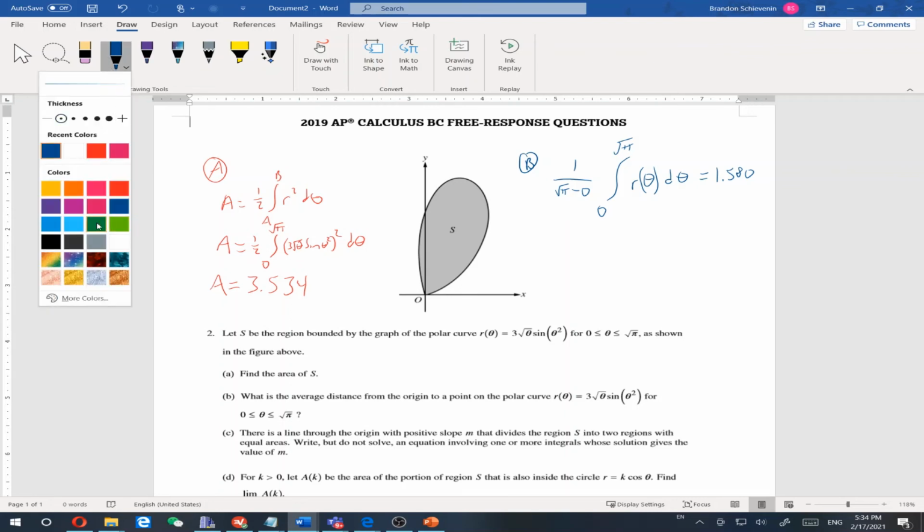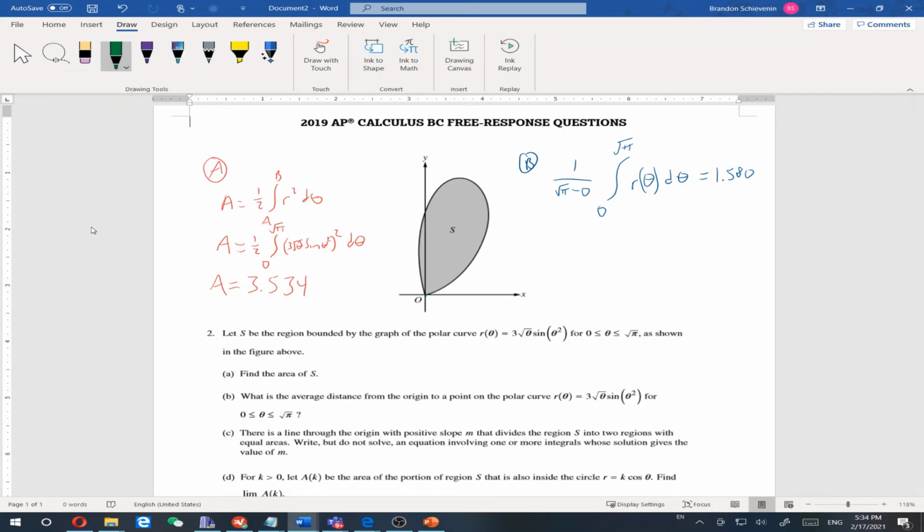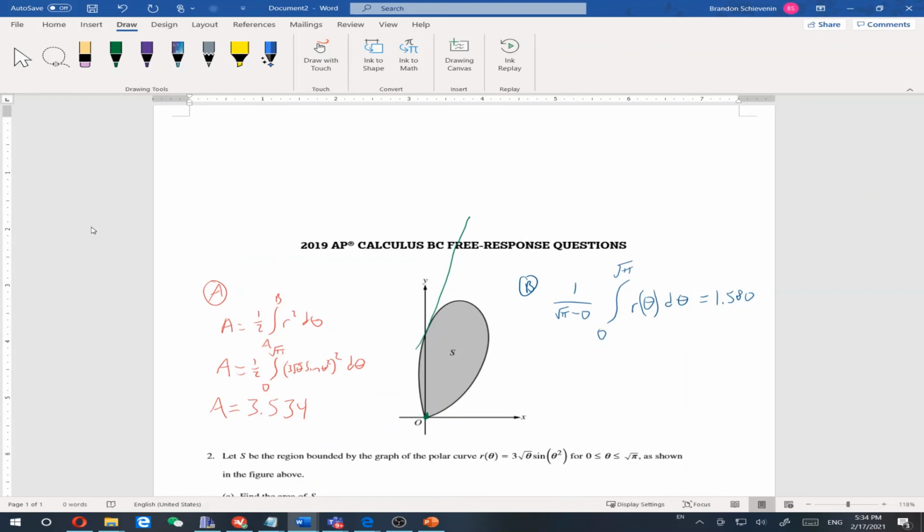there is some line through the origin with a positive slope m, dividing the region S into 2 regions with equal areas. So it's going to look like this.